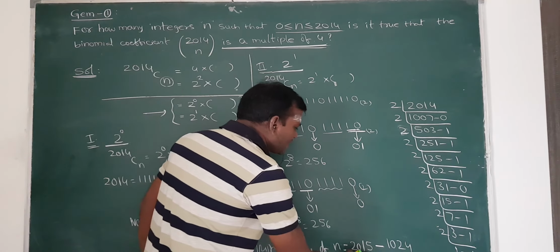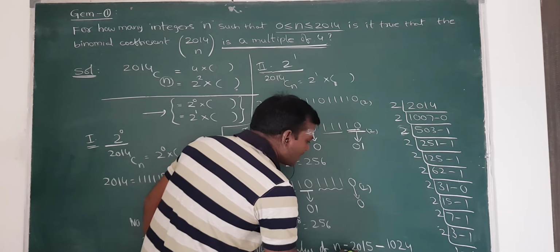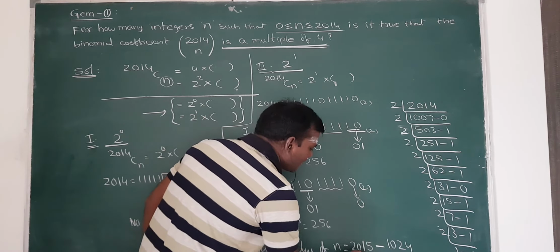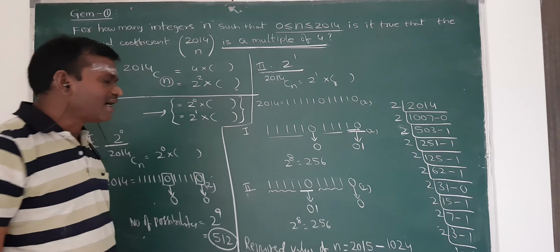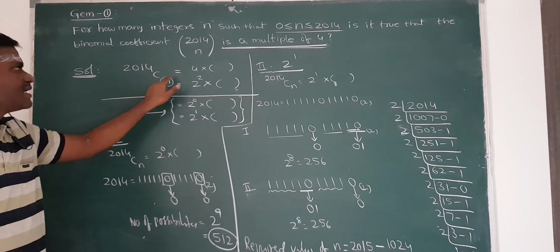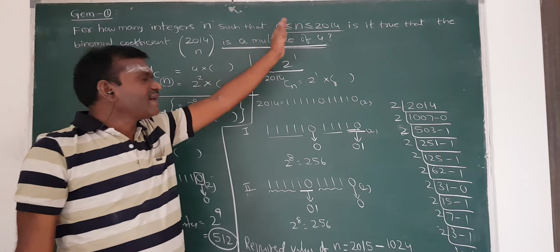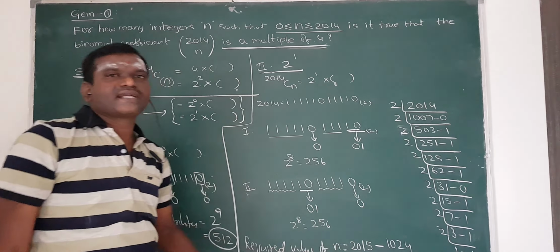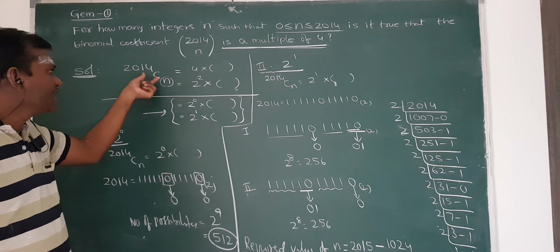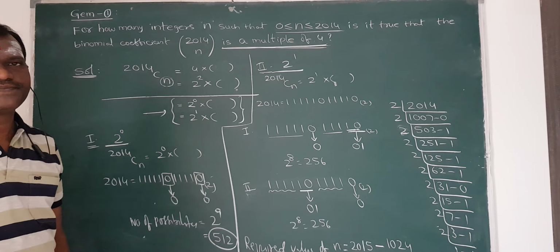So 5 minus 4 is 1, 11 minus 2 is 9, and here it is 991. So 991 values are possible for n, so that 2014 Cn is a multiple of 4. Out of 2015 values, only for 991 values is this a multiple of 4. For the remaining values, it is not a multiple of 4.